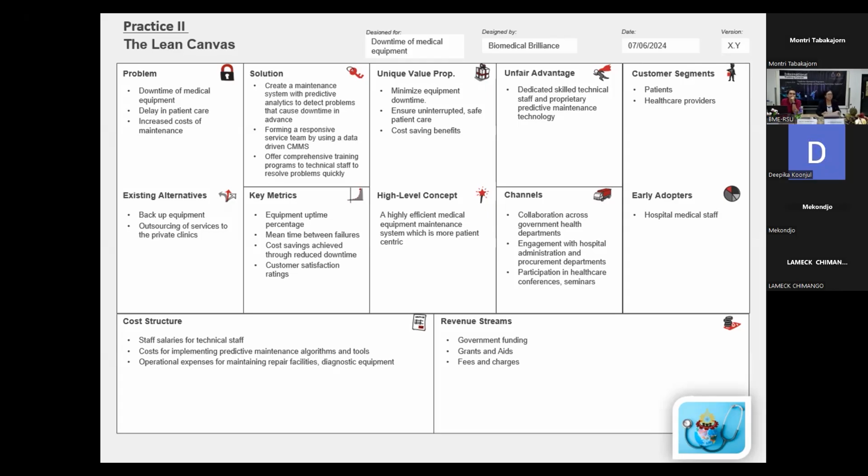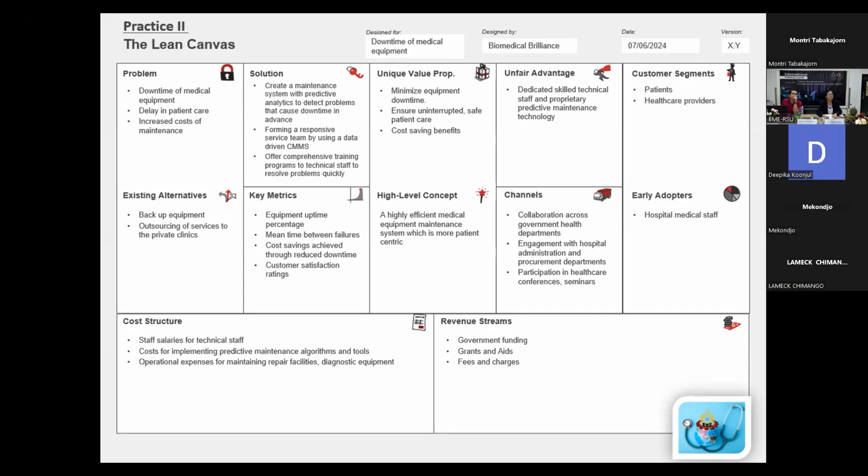We wish to create a maintenance system which uses predictive analytics to detect problems in advance so that we can prevent sudden failures of equipment. Then we can form a responsive service team by using a data-driven CMMS, a computerized maintenance management system. To form this team, we can also offer comprehensive and extensive training programs to our technical staff to resolve problems quickly.